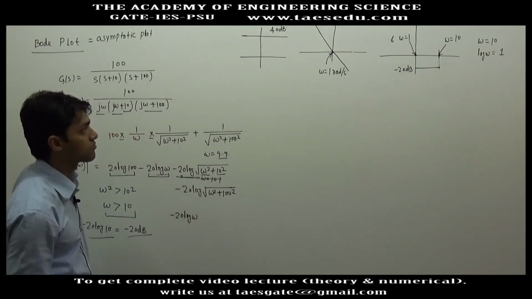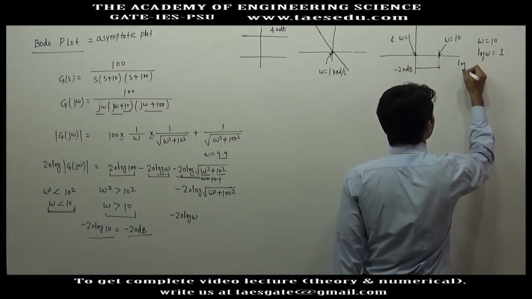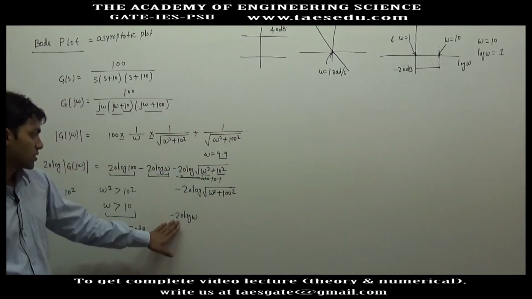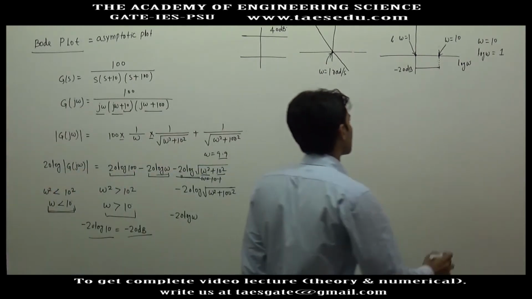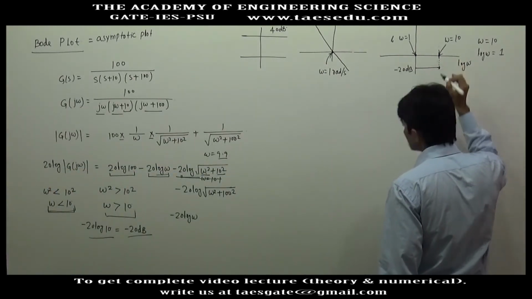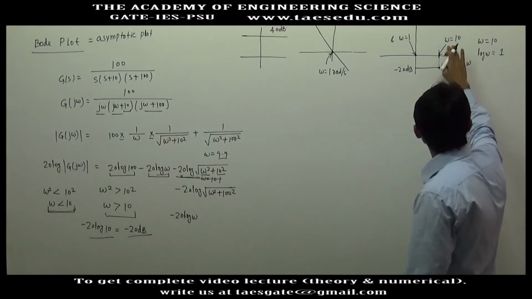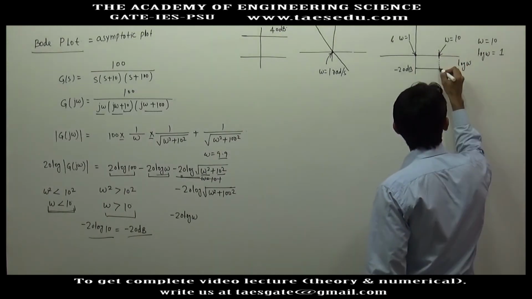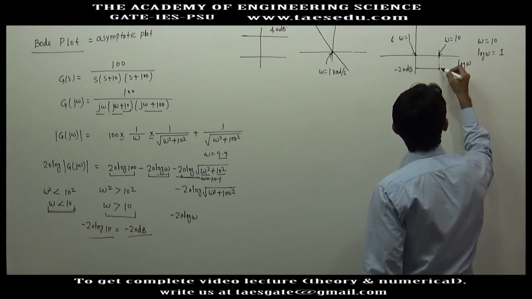Now on the x-axis, what do we have? On the x-axis we have log omega, so the graph will be minus 20x versus x. But this formula is valid only after omega equal to 10. So after omega equal to 10, you will get the graph of minus 20 dB per decade.